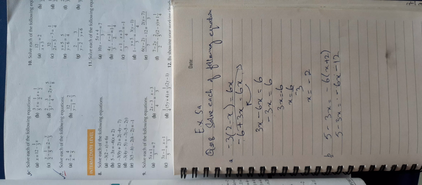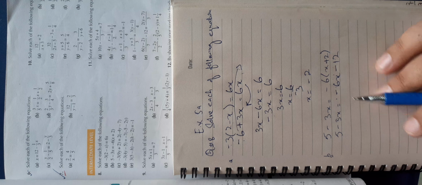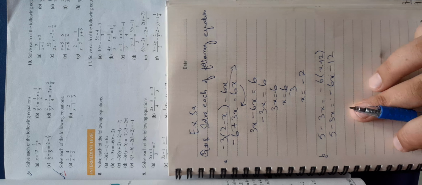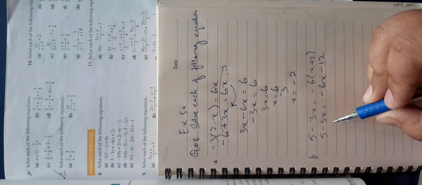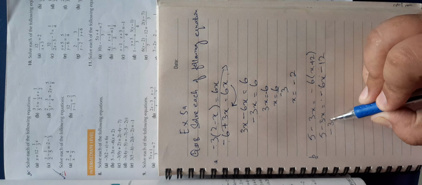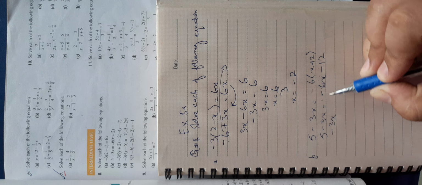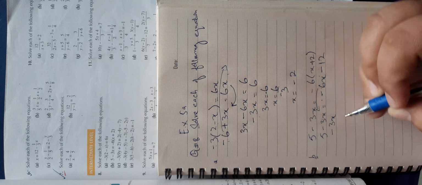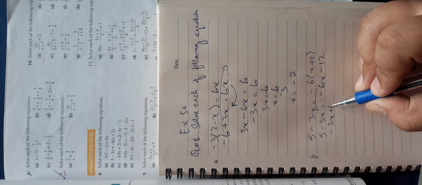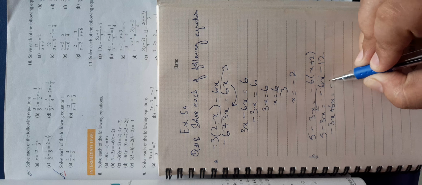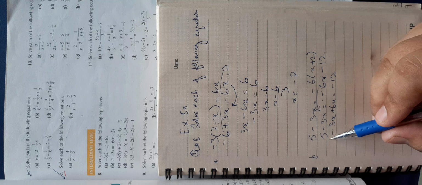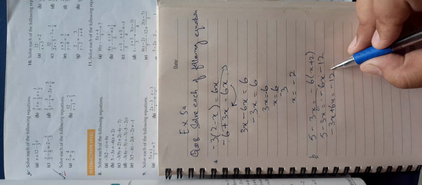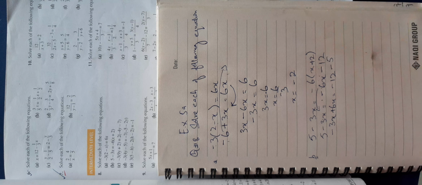Now next step: the variables will be before the equality and the constants after the equality. Minus 3x as it is, this 6x will move here and the sign will be minus 6x, and then minus 12 as it is. This 5 having a positive sign comes to this side as minus 5.